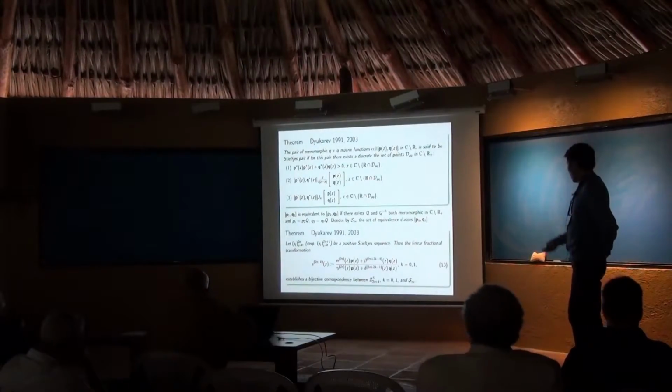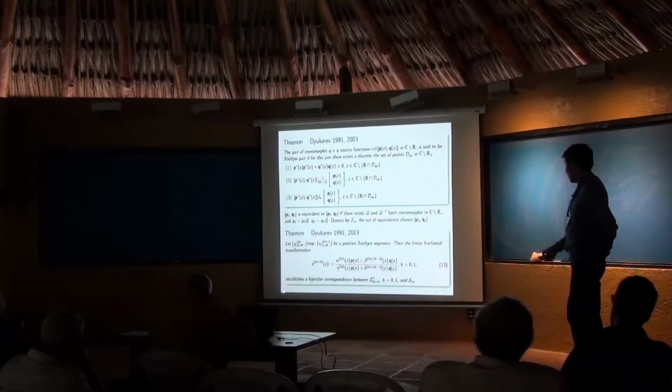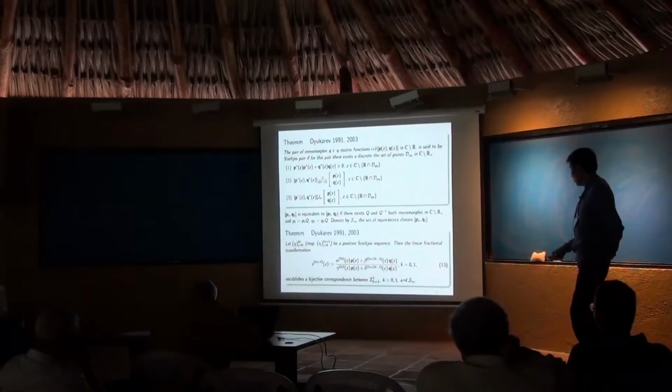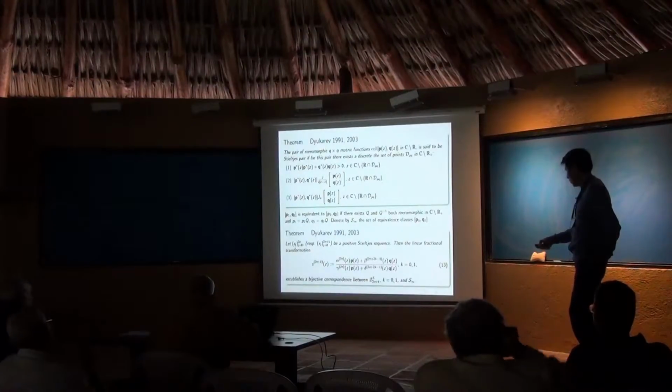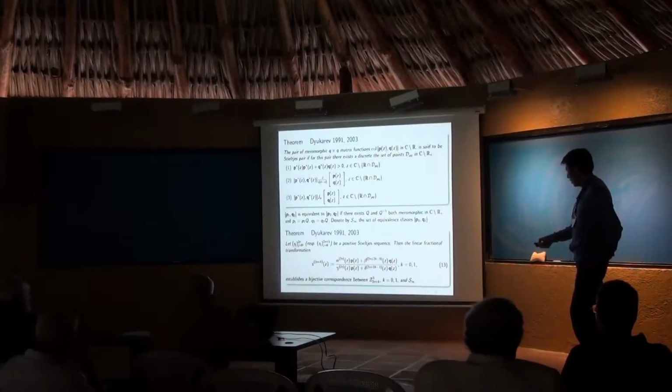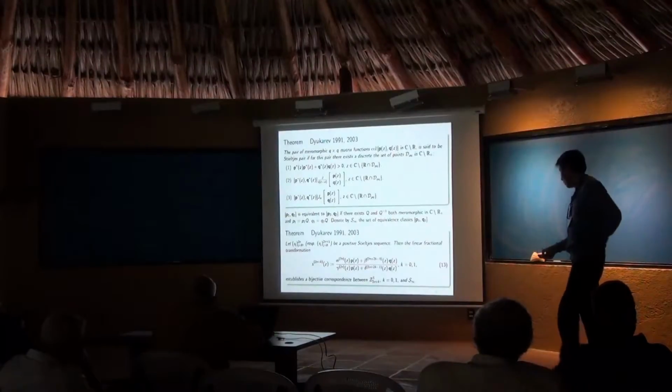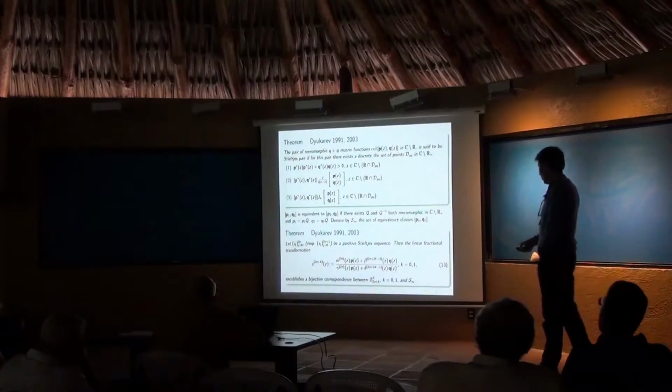This theorem says that there is a bijective correspondence between the associated set of solutions S and the equivalence classes of this pair P and Q. This is the Abdon result. In 1991 it was done for the even case, and in 2003 for the odd case.